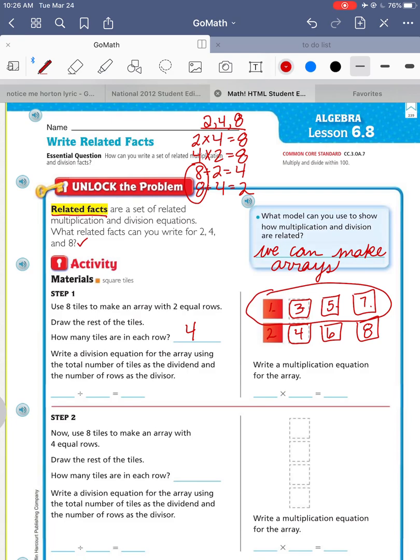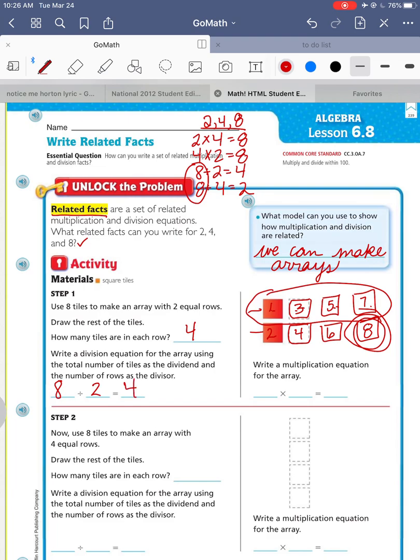Now write a division equation for the array using the total number of tiles as the dividend and the number of rows as the divisor. So the dividend goes first, and it's the total number. So the biggest number we have is 8. So 8 divided by, how many rows do we have? 1, 2. 2 equals how many tiles are in each row? 1, 2, 3, 4. 8 divided by 2 is 4.